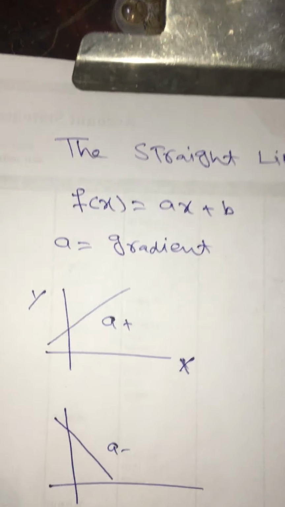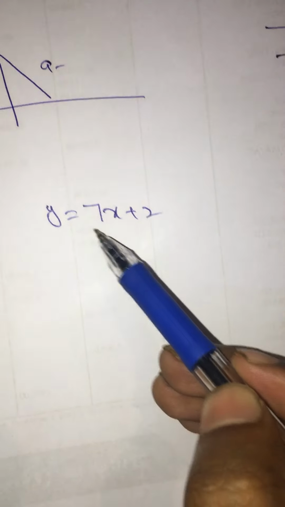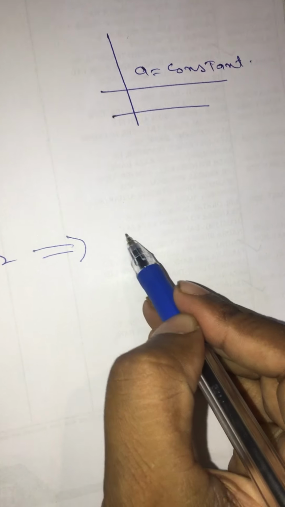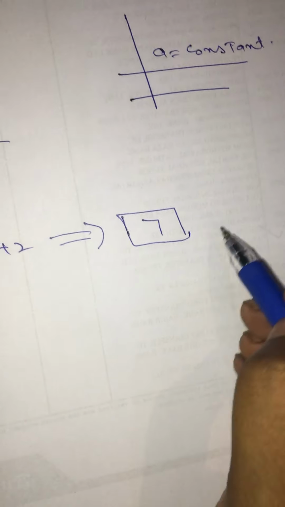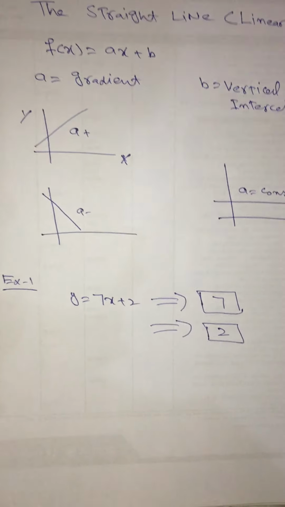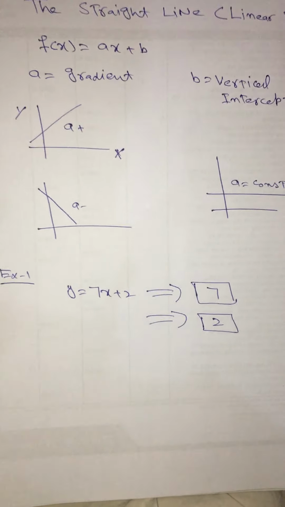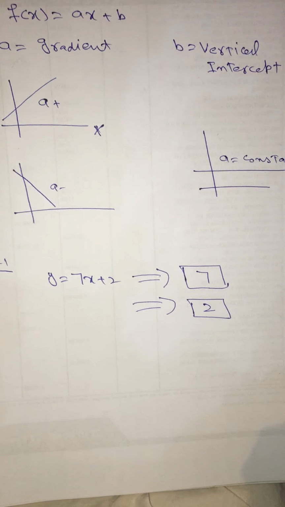As we know from the general equation, a is the gradient, so the gradient of this equation will be simply 7. And what will be the y intercept? The y intercept will be simply 2. So from this equation we can find the y intercept and gradient of this linear function.